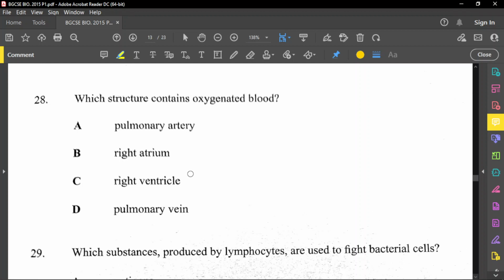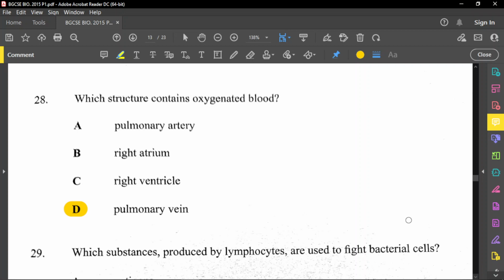So right off the bat, the pulmonary vein will be our answer. And I want to make a note here with the right atrium and right ventricle: the right side of the heart carries deoxygenated blood, and the left side of the heart carries oxygenated blood. So definitely these will be the incorrect answers.